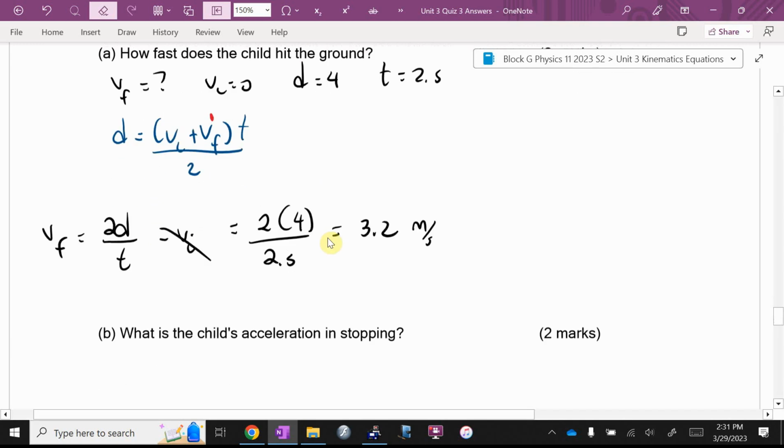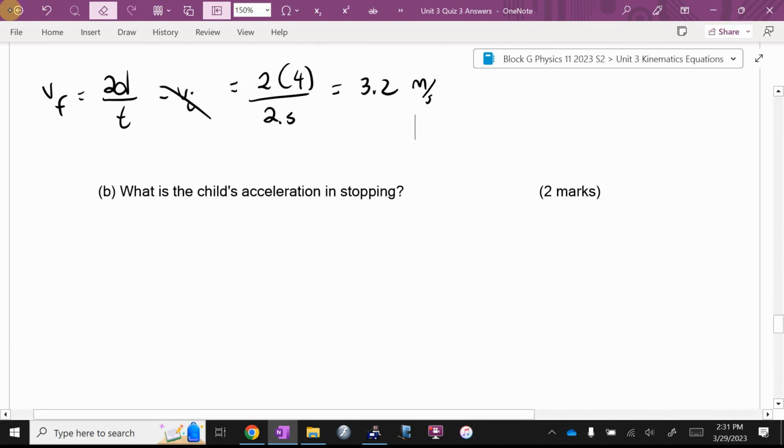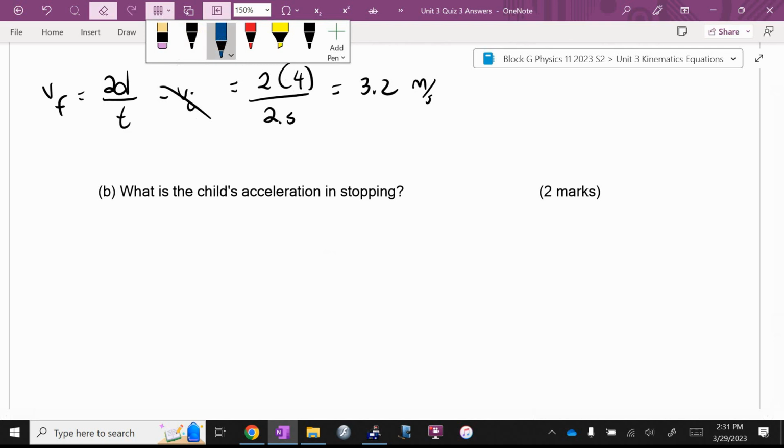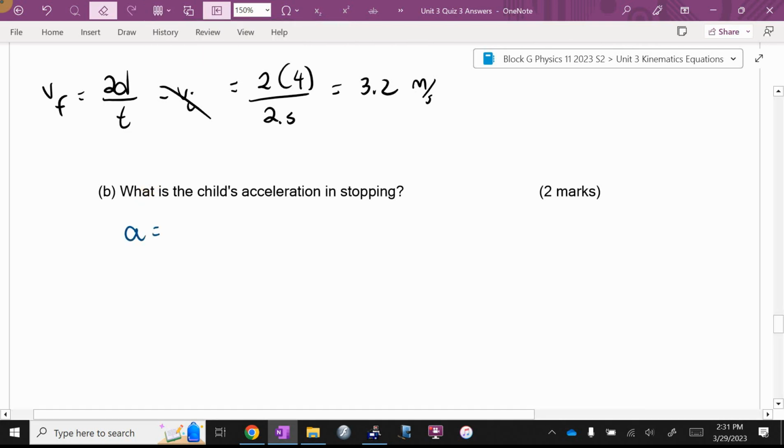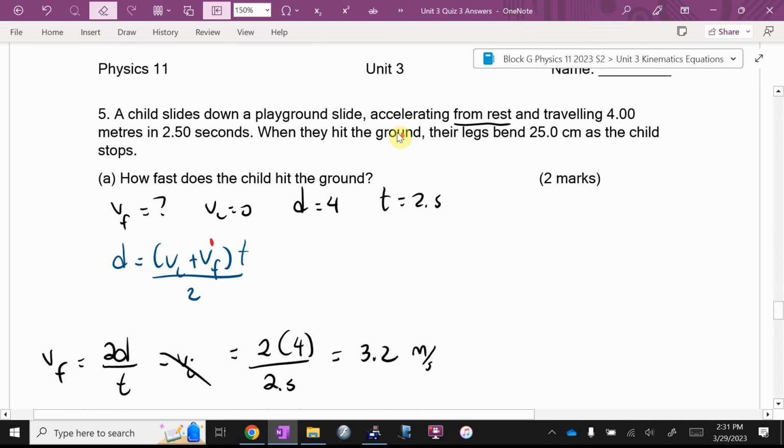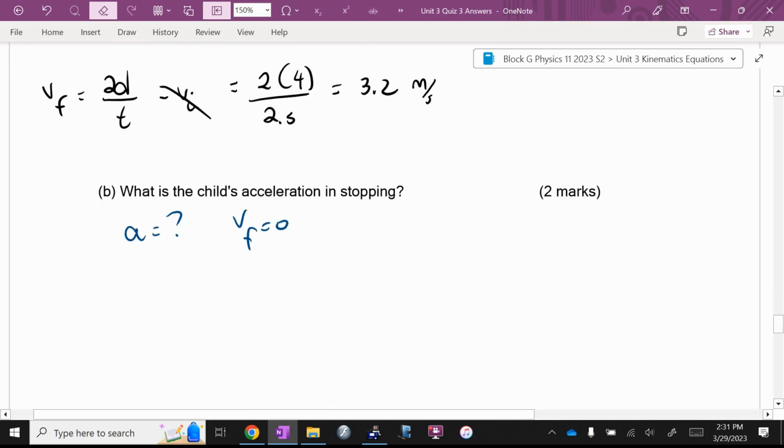What's the child's acceleration in stopping? Stopping, VF is 0. Oh, they gave me the stopping distance, 25 centimeters. Nice try, Mr. Dueck. 0.25 meters. I got a problem.